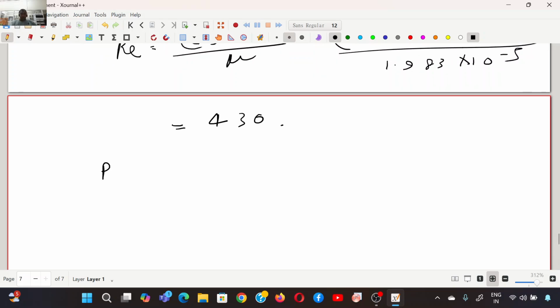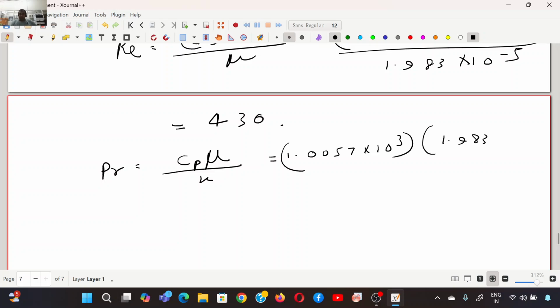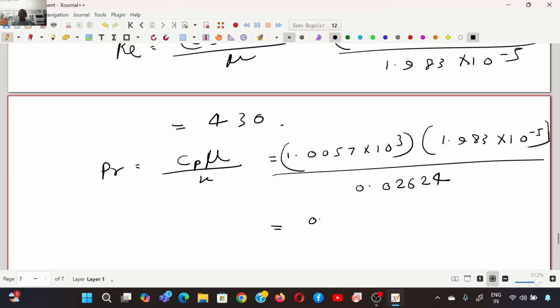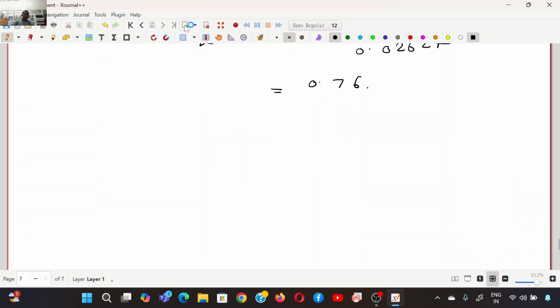What's the Prandtl number here? Cp mu by k. This is Cp. Mu is what? It's 0.76. Okay. So based on this Reynolds number and Prandtl number, the correlation that we will be using is what is known as the Churchill-Bernstein correlation.